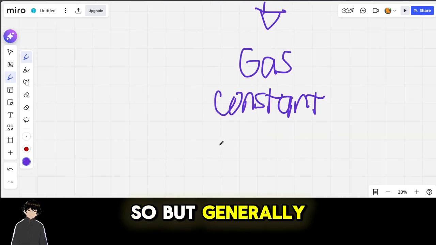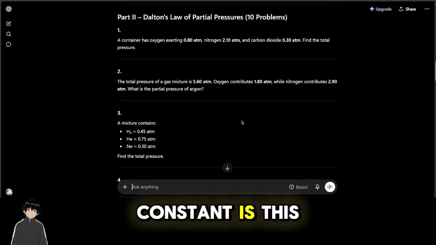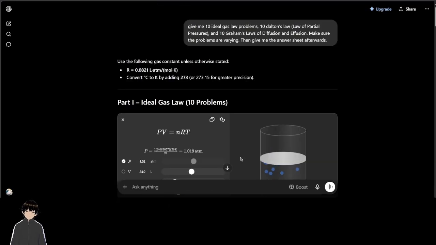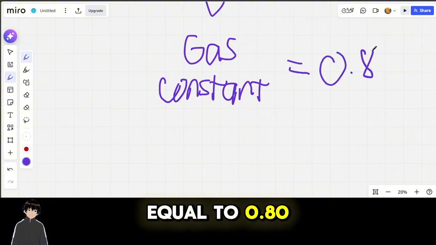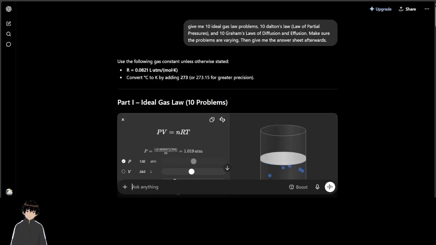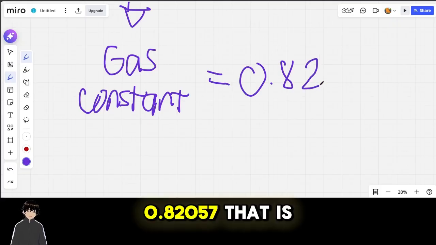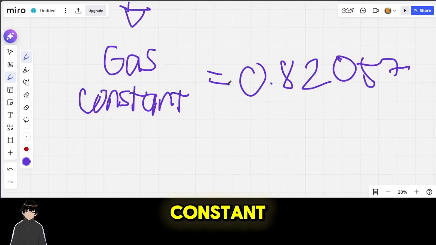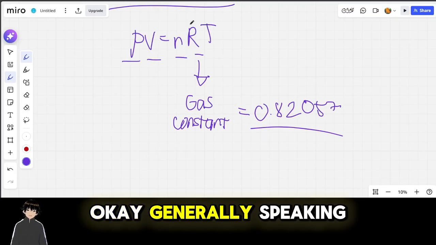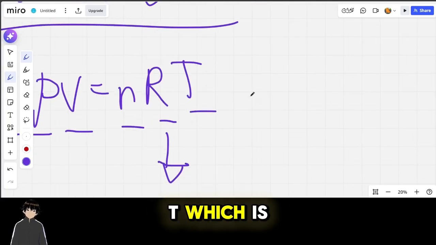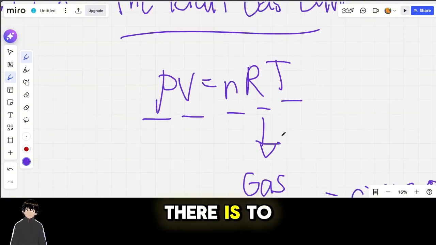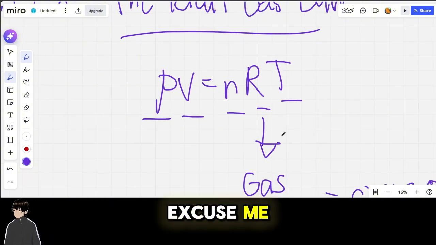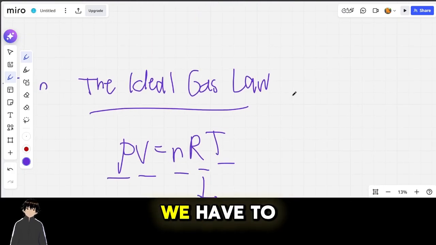But generally the gas constant is 0.82057. Generally speaking. So we have T, which is basically just temperature. Now that we've denoted everything there is to know about the ideal gas law, we have to solve some problems.